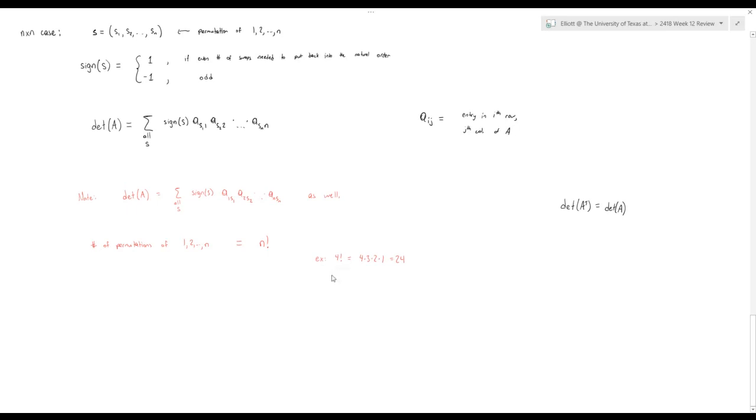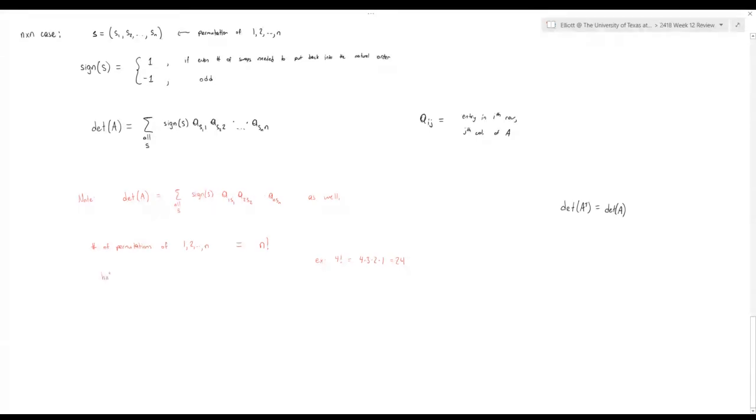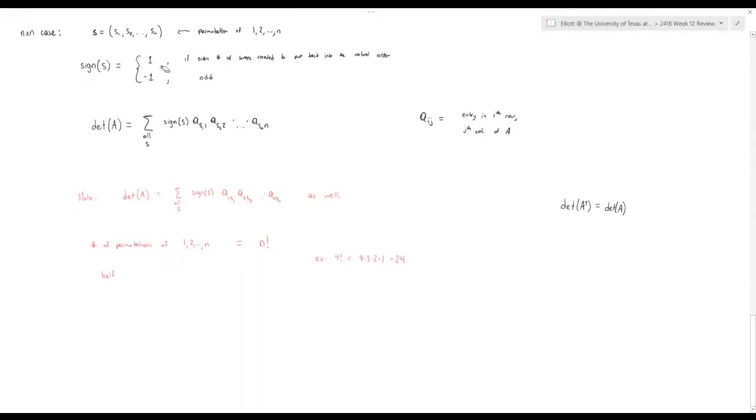So already when n equals 4, it's a little bit too big to really be using to compute the determinant. But it's worth noting, the number of permutations is n factorial, and half of the permutations are going to be even permutations, so the sign will be +1. The other half will be odd permutations where the sign will be -1 instead, okay?